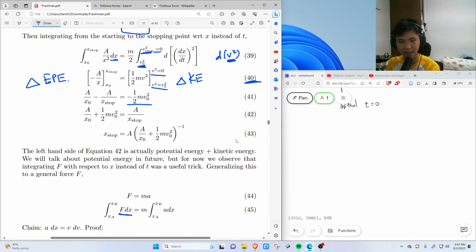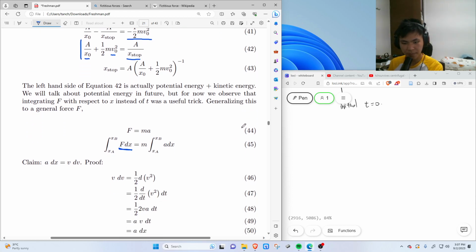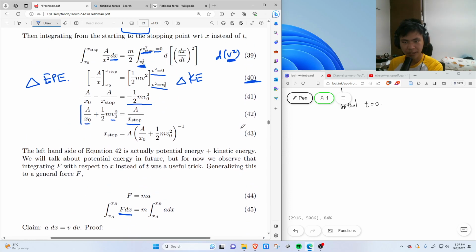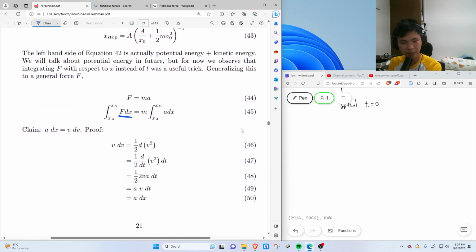And rearranging, we get the following. And we see that x naught and v naught are numbers that we know, right? So the answer is just expressing x stop in terms of the rest. So if we want to generalize this, we simply need to show that a dx is v dv, right?